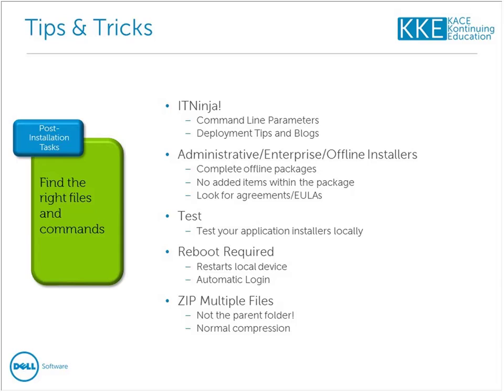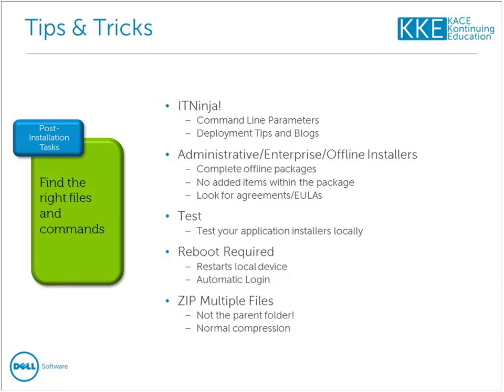But what you do not want is the stub installers that can be downloaded from their main page. So with things like Adobe Reader and Mozilla Firefox, and Chrome as well, if I download from the main page, I get a little tiny file that's then going to go out to the internet and download the newest version. Those stub installers usually do not let you work with the command line parameters.